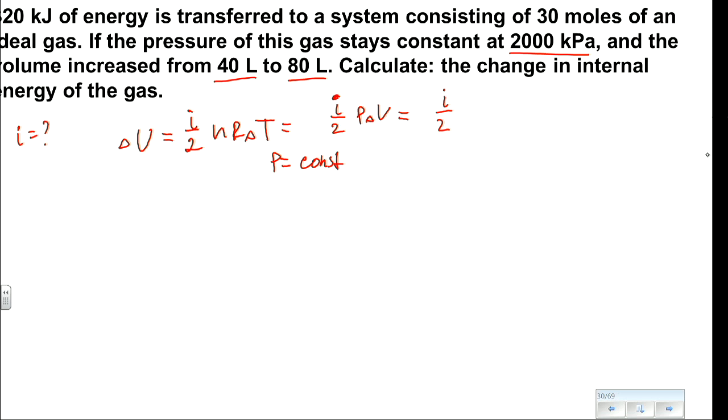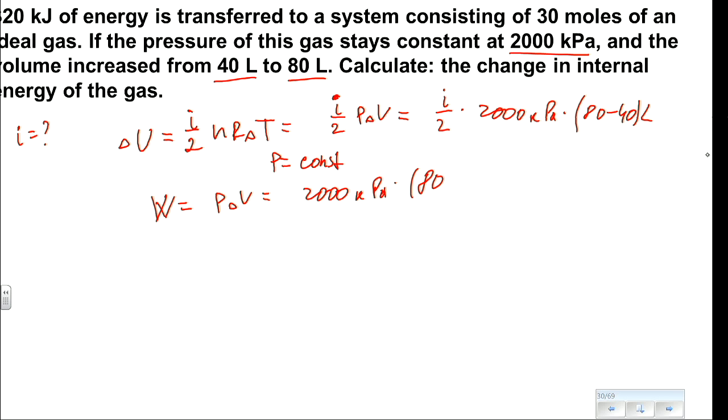It should be equal to I over 2 times 2,000 kilopascals times 80 minus 40 liters, and that's it. Okay, so work, P delta V, which will be equal to 2,000 kilopascals times 80 minus 40 liters.